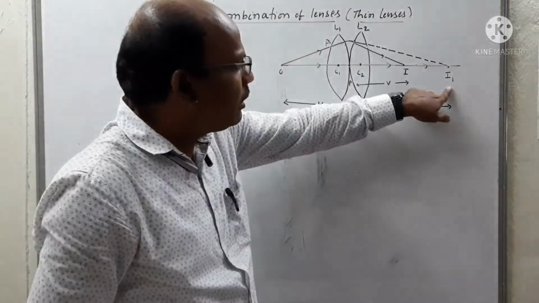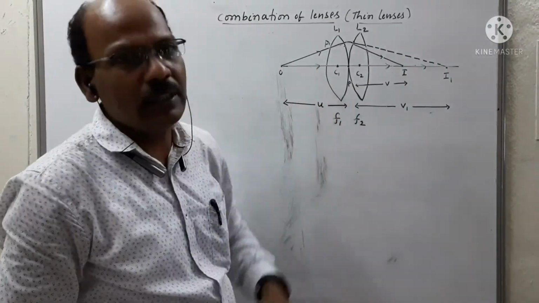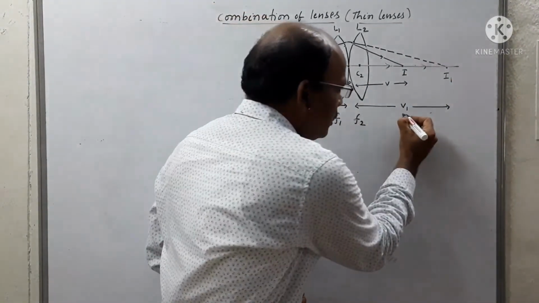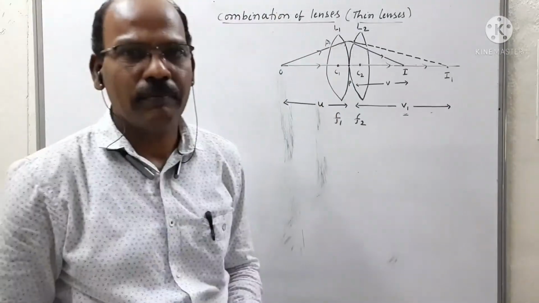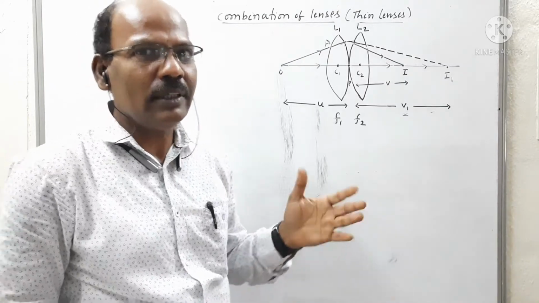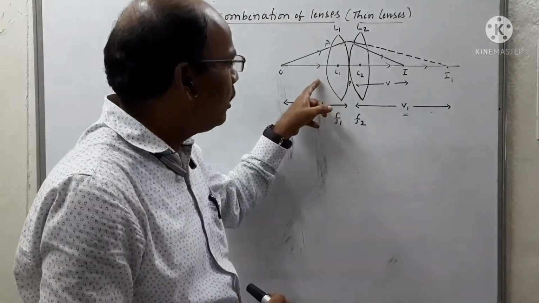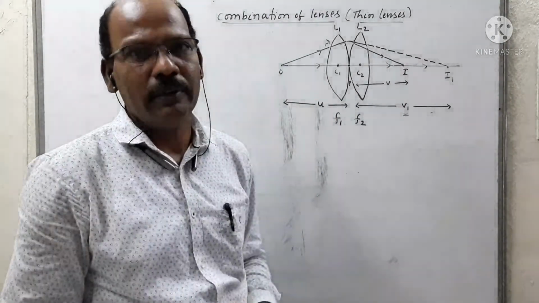So I1 is the image formed by the first convex lens at a distance equal to V1. V1 is the distance of the image I1 formed by the first convex lens of focal length F1.